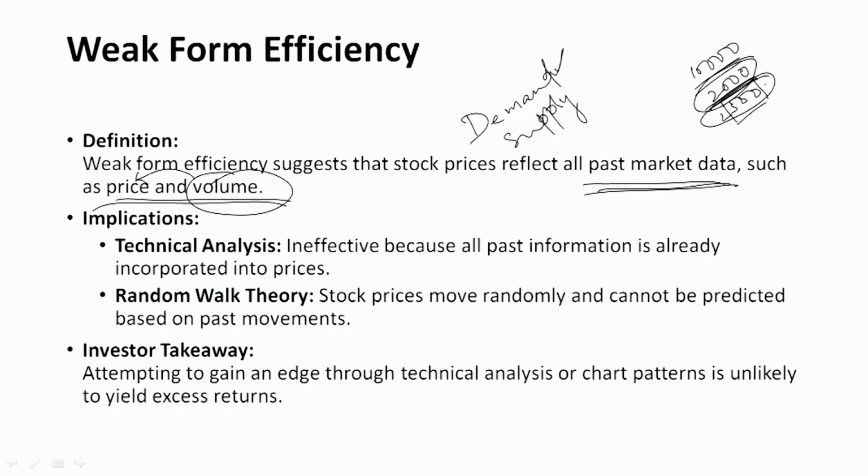Now, what are the implications of the weak form of market? It talks about the ineffectiveness of technical analysis, because all past information is incorporated in the price. Technical analysis is all about the movement of prices using charts and other things, and this theory says that whatever information is available in the market is reflected in the price. If it is reflected, then there is no need for you to do technical analysis at all. That's the meaning of it.